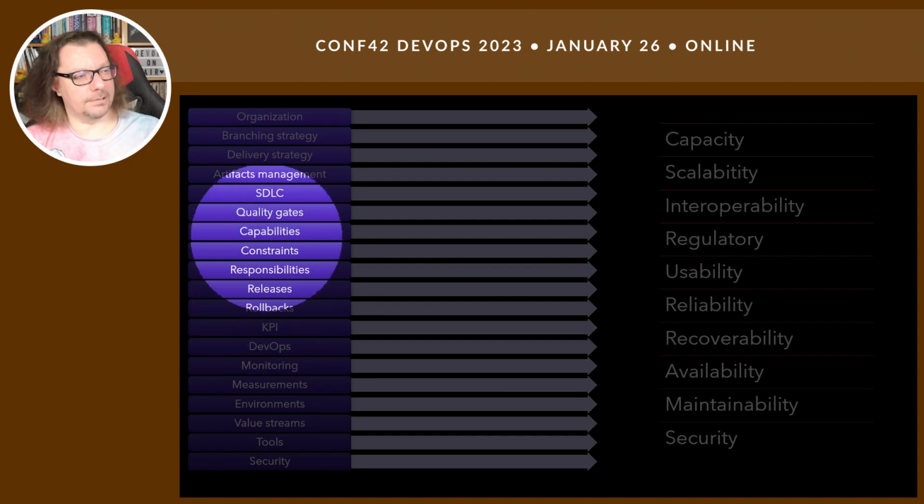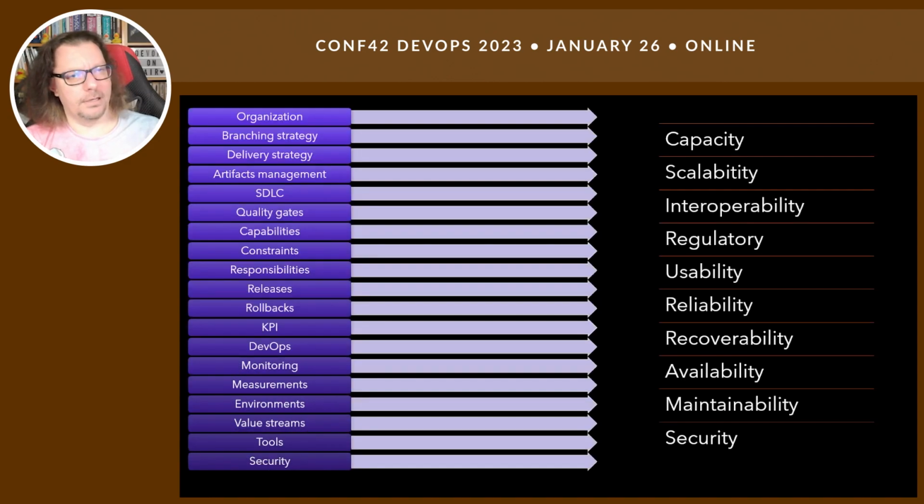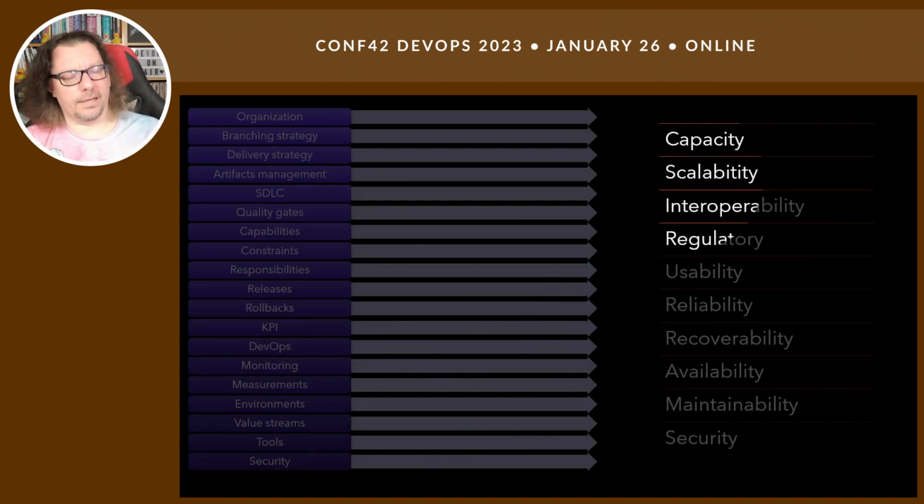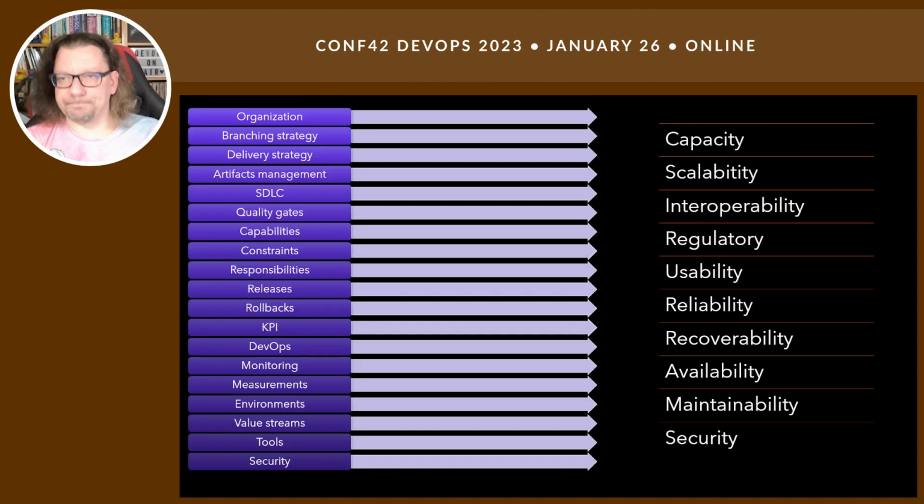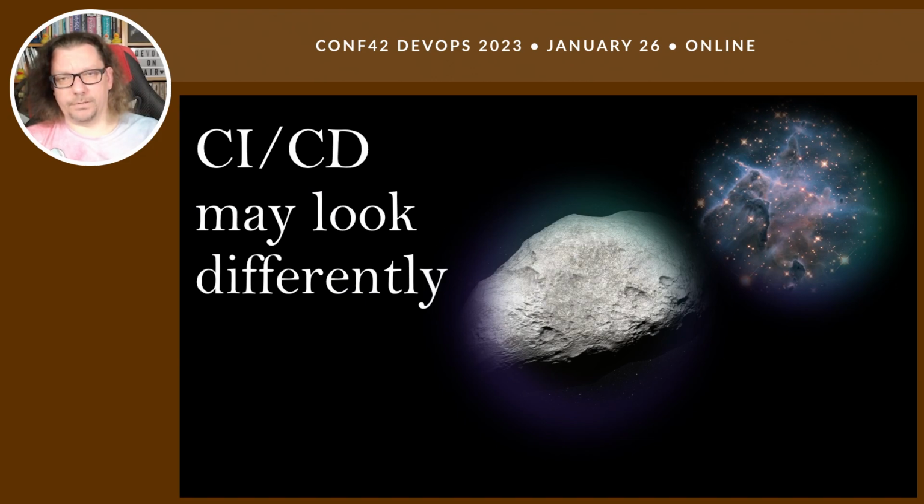As we have on this side all of those elements we discussed very shortly, we have also all of the quality attributes of the architecture, right? All those -ilities, right? Capacity, scalability, interoperability, usability, security, etc., right? So we can architect the vision from different perspectives, right?